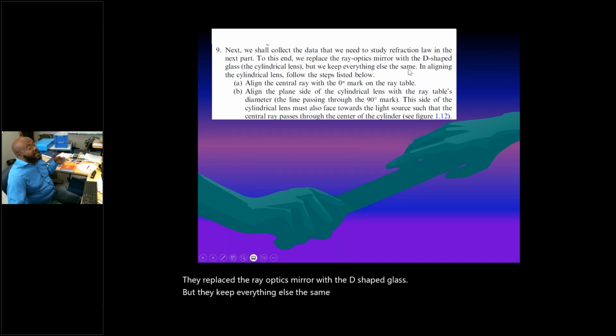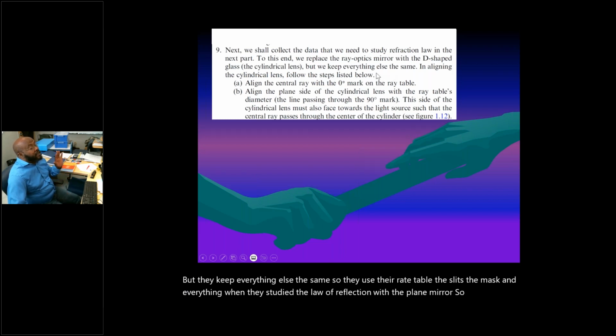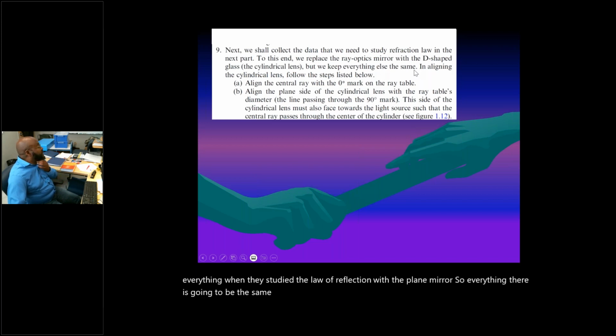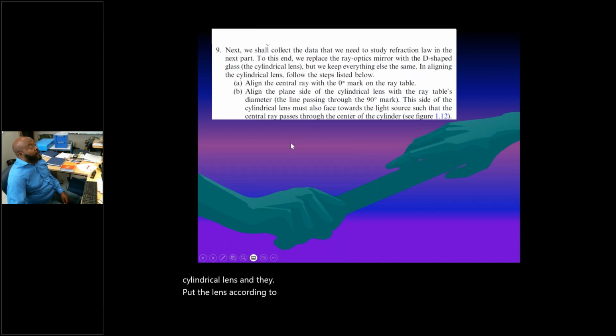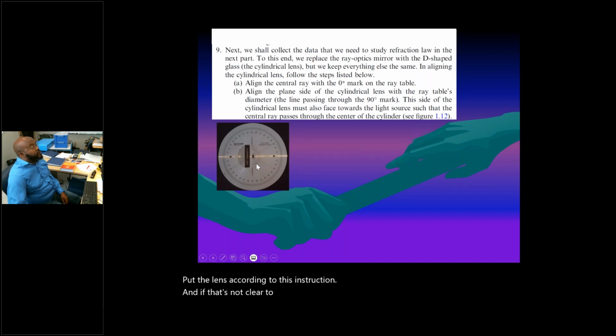They use the ray table, the slits, the mask, and everything they used when they studied the law of reflection with the plane mirror. Everything there is going to be the same, only they replace the plane mirror with the D-shaped glass, which is the cylindrical lens, and they position the lens according to this instruction. And if that's not clear to them, a figure is provided.